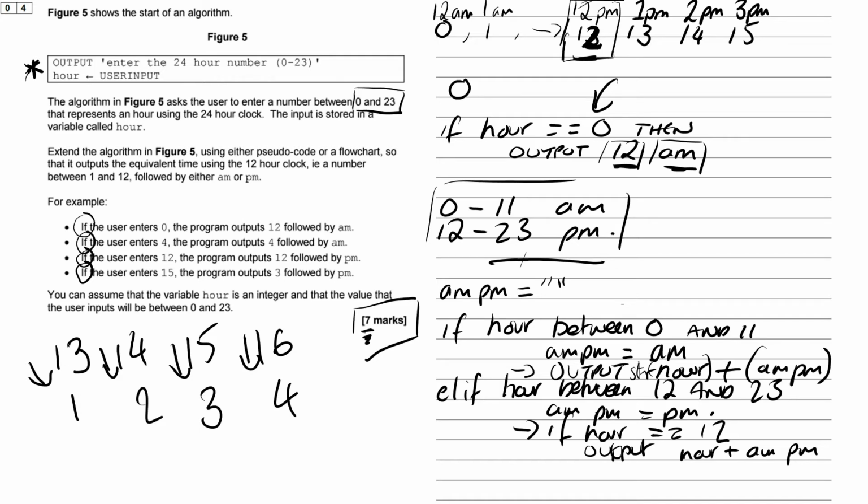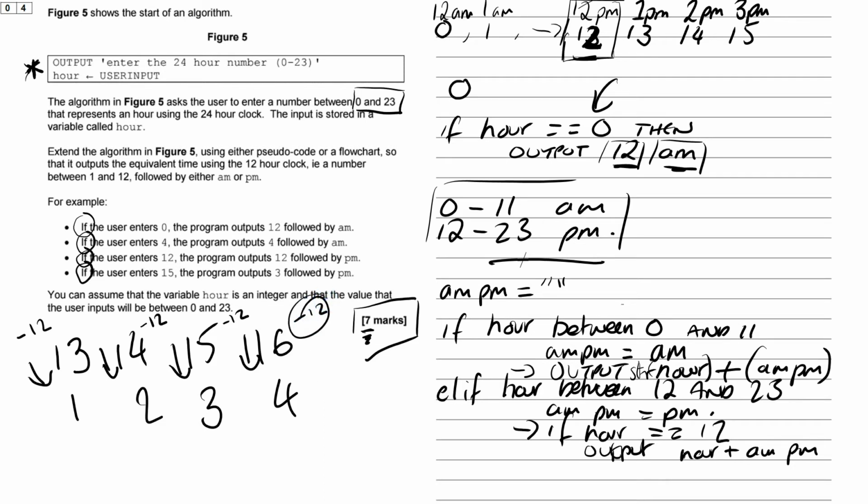So from 13 to 1, we are taking away 12. From 14 to 2, we are also taking away 12. From 15 to 3, we are also taking away 12. From 16 to 4, we are also taking away 12. So there's our pattern.